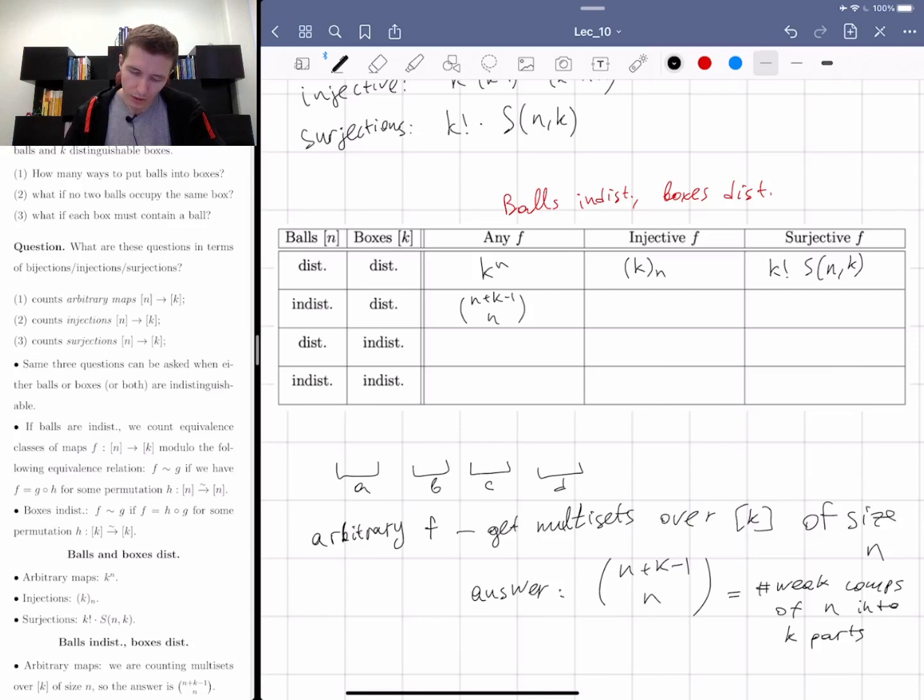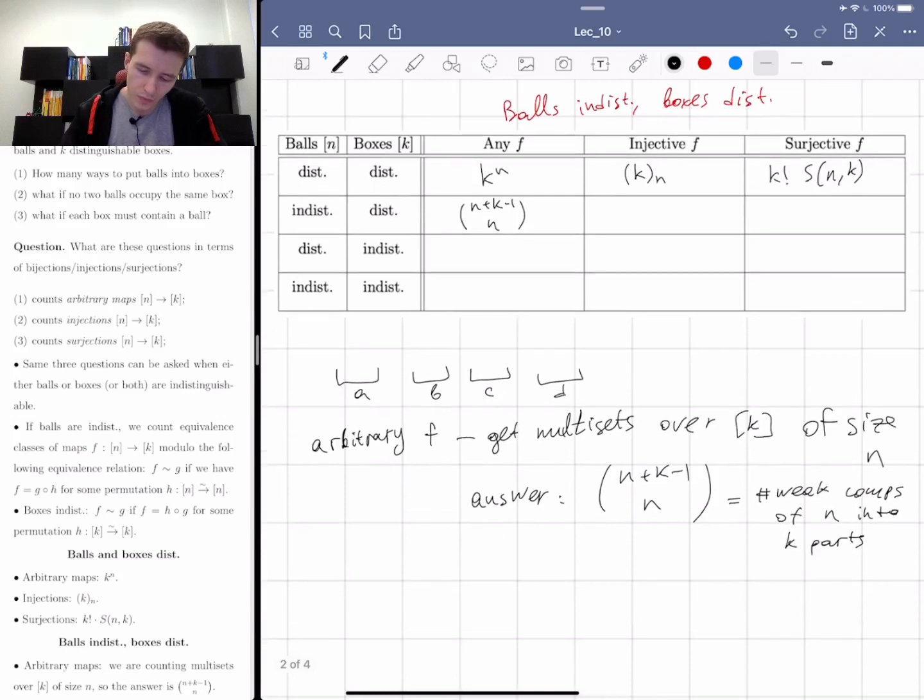Now, okay, what happens if I want the condition that f is injective, so there's at most one ball inside each box. That's n balls total, and there's at most one inside each box. So that's just subsets.